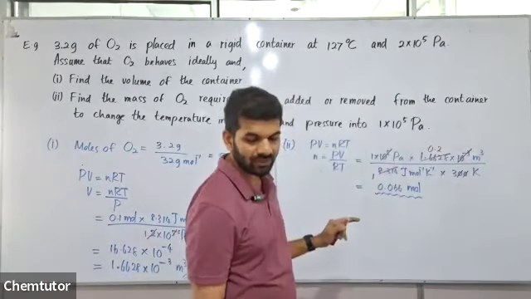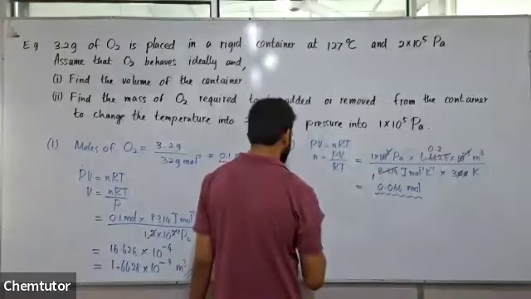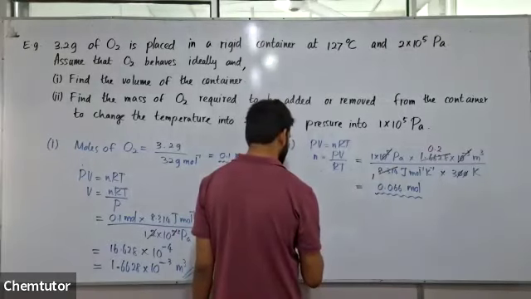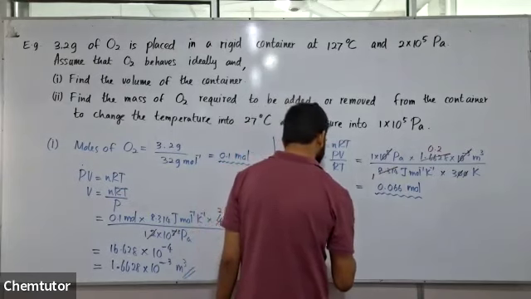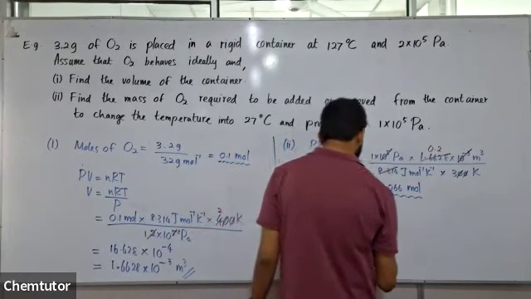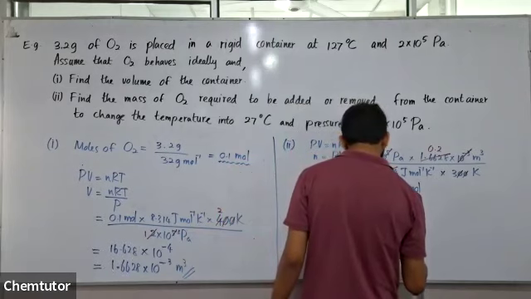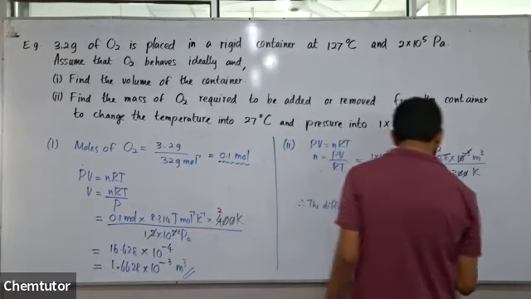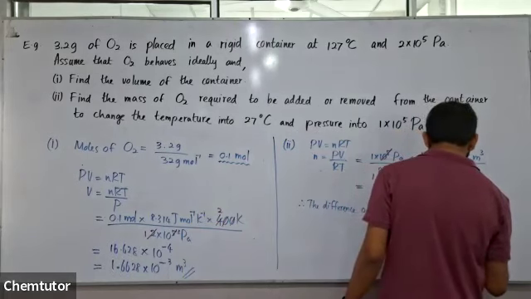So we can find the difference of gas moles, that is 0.1 minus 0.066.